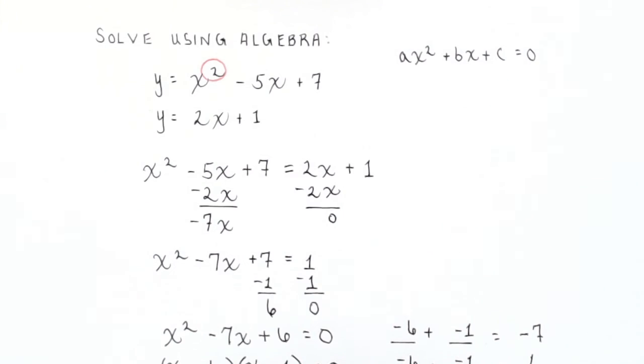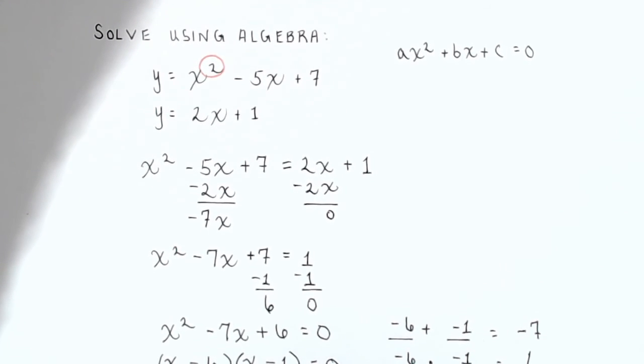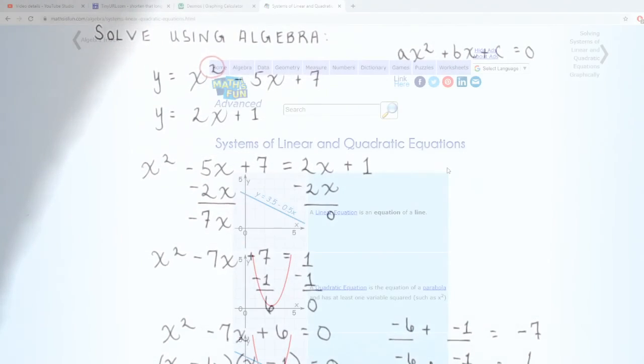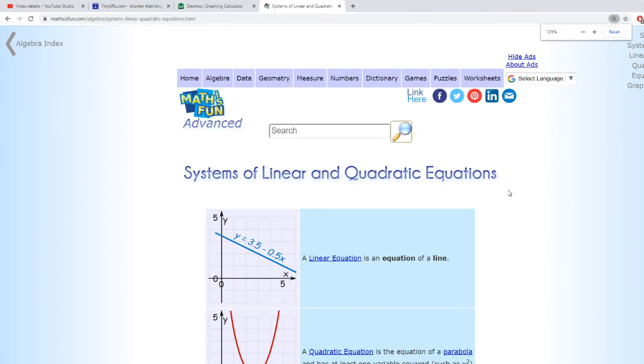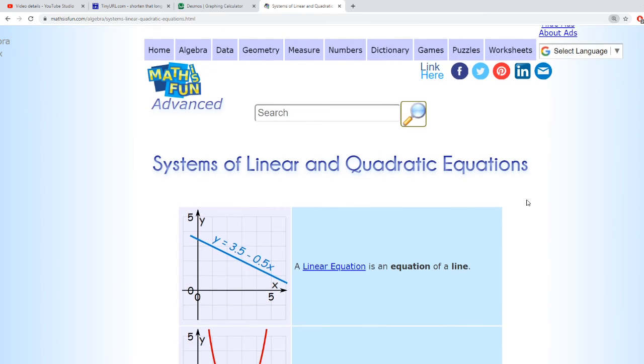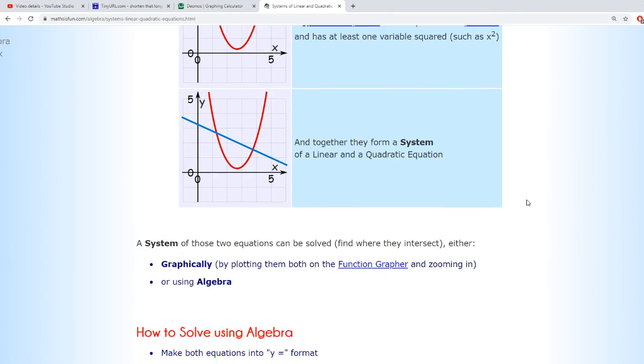Finally, this equation here comes from a website called Math is Fun, and I'll just briefly show that website to you so you can see, and I'll include a link in the description. This is a great website. I tell you, I learn a lot of math from this website. So even as a teacher, I'm often visiting Math is Fun. And here's the page, Systems of Linear and Quadratic Equations.